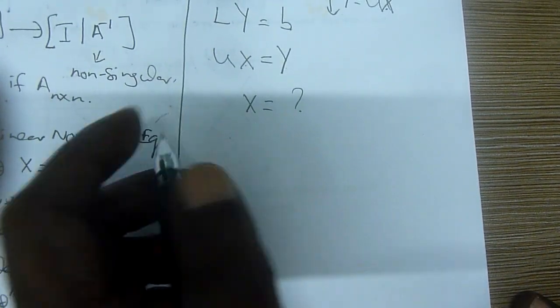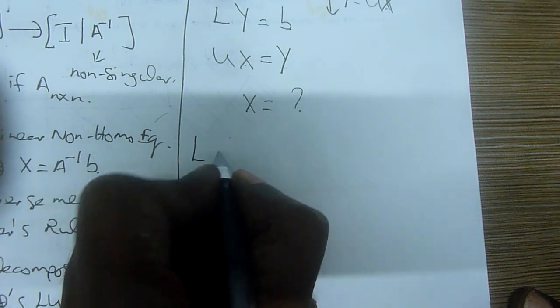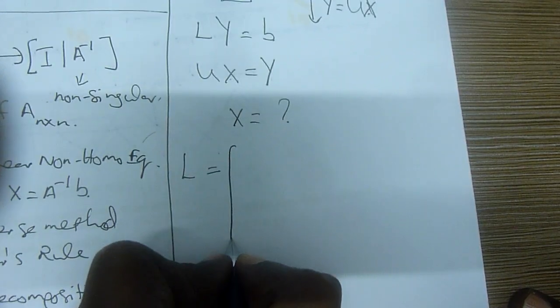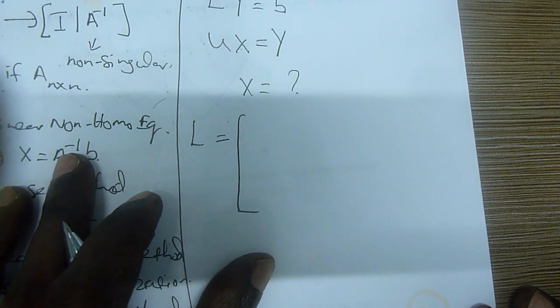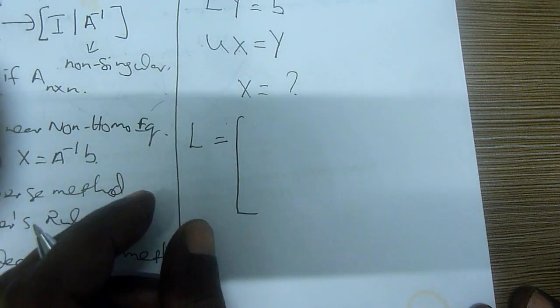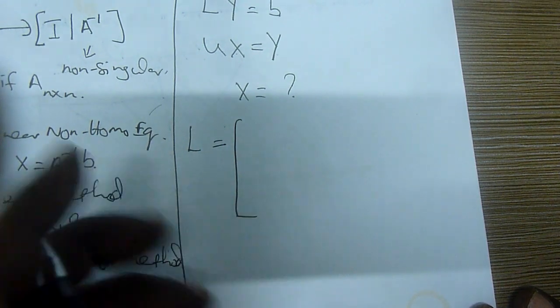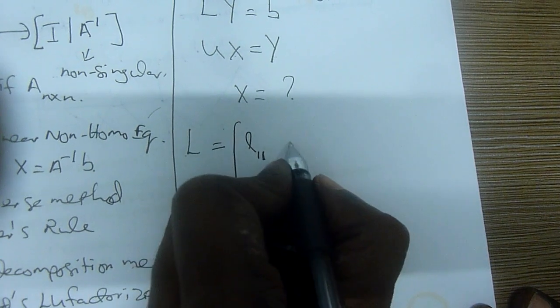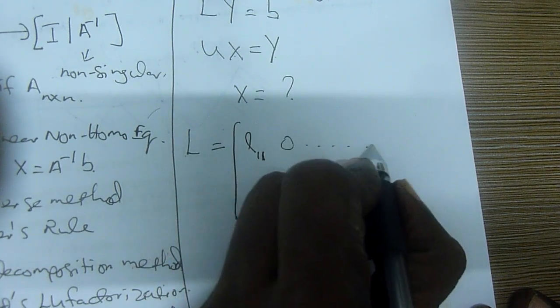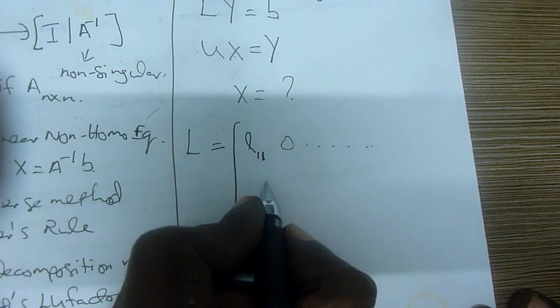Now the lower triangulation, diagonal, not triangulation actually, it's a kind of diagonal triangulation, that we're going to do. We just name it as L11, then 0, then it will continue. We don't know how many we're going to go.